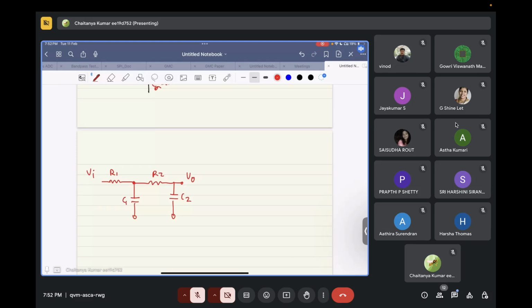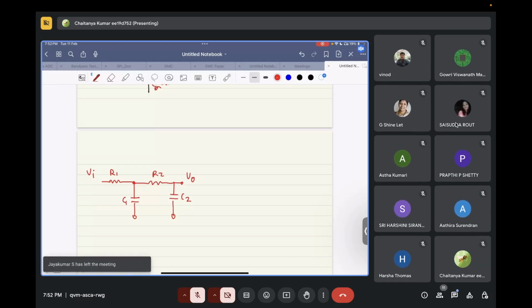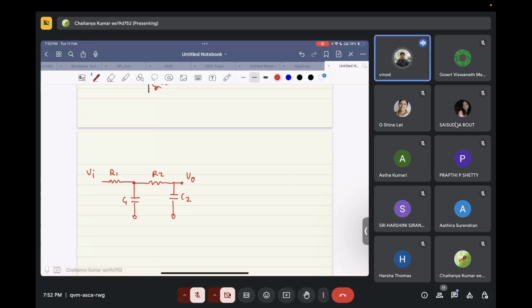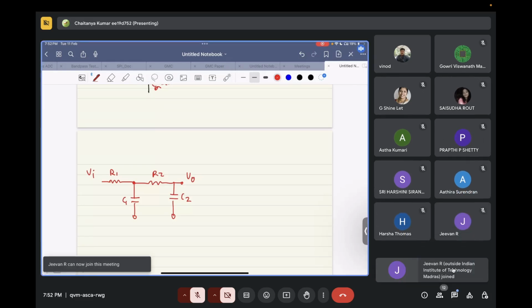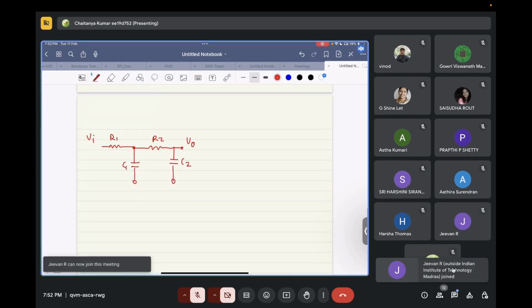Guys, if you answer, I will at least know that you are paying attention, and it will be better for me as well as for you. So if this session is interactive, it will be better for both of us. Second order, right? So basically, let's try to solve it and verify that it is a second order circuit.